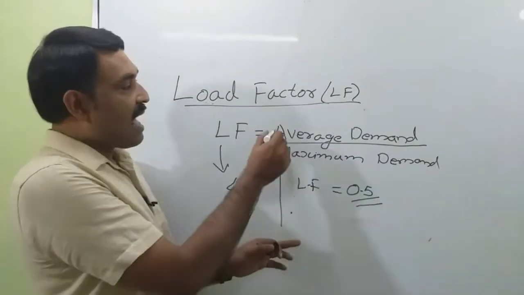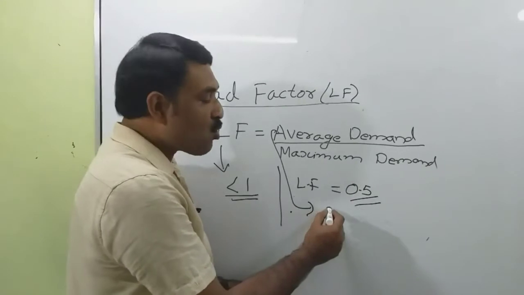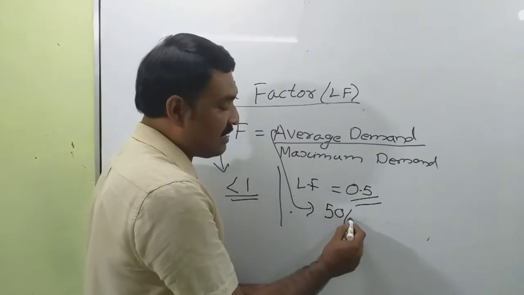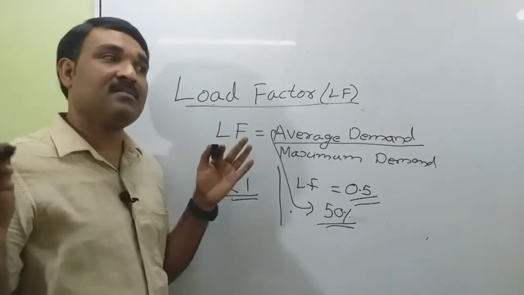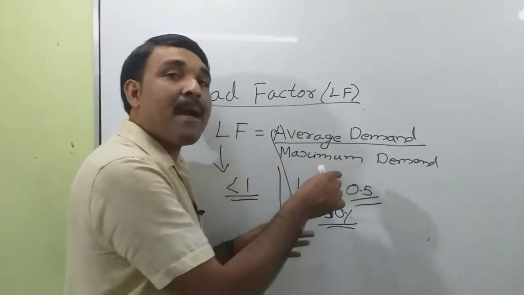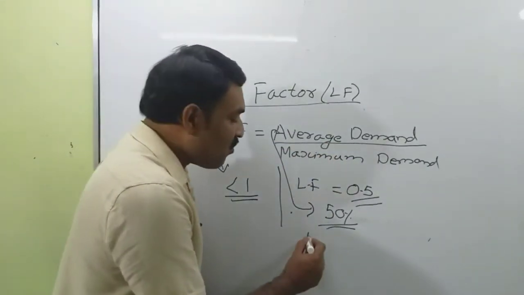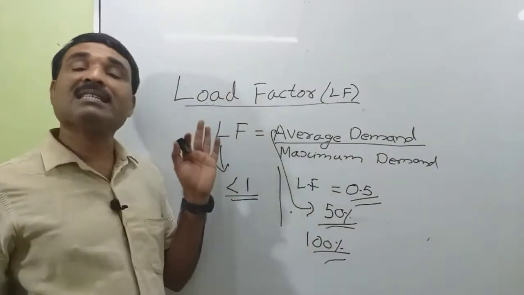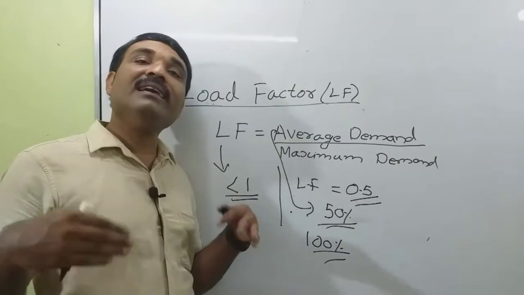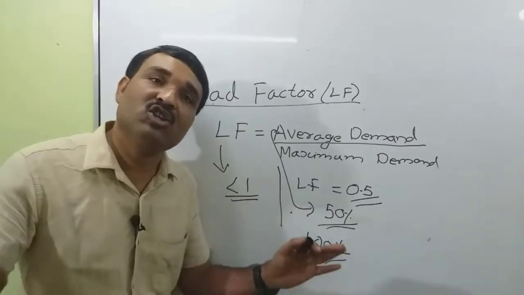This implies average demand is only 50%. But we have to produce 100% so as to meet the maximum demand. That will increase the cost of power generation.